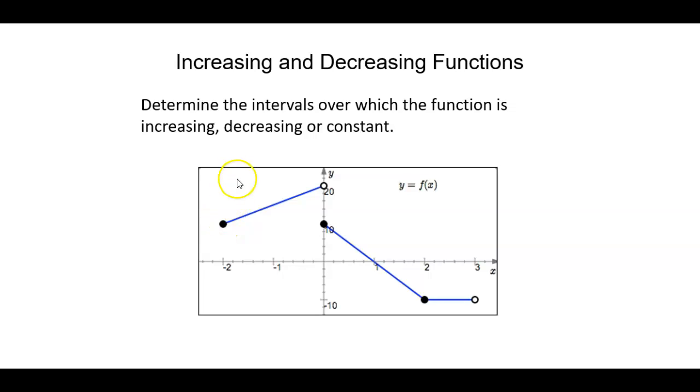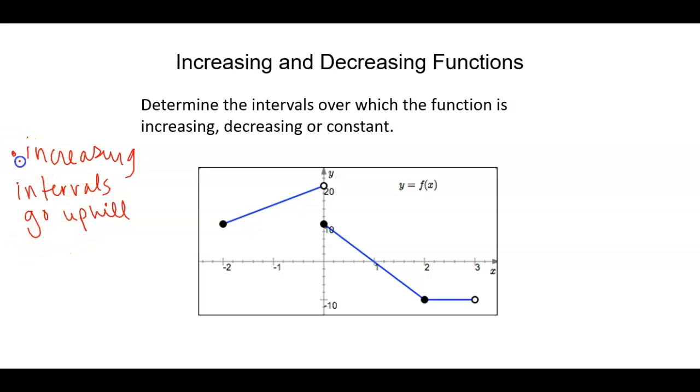So if you are looking for an increasing interval, that interval is going to be going uphill on the graph. So increasing, I might want to write this down, intervals go uphill.